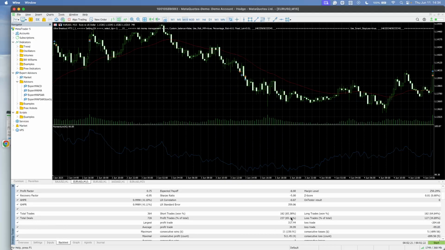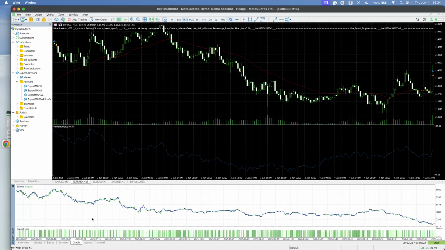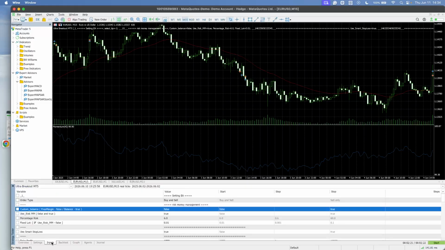These numbers are not really encouraging, and the total trades was 364 trades. The equity curve started relatively flat, then slowly trended down overall with some small recoveries, hitting a max drawdown of roughly 33%. Compared to those seller backtests with millions in profit and tiny drawdowns, this recent period shows a much tougher reality.